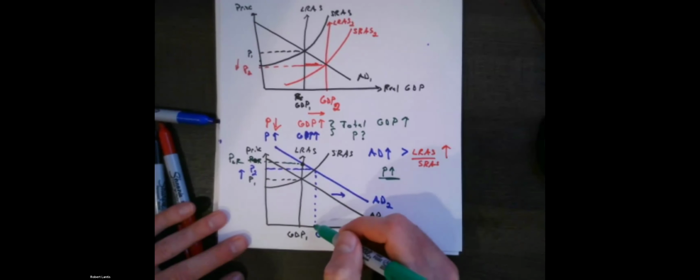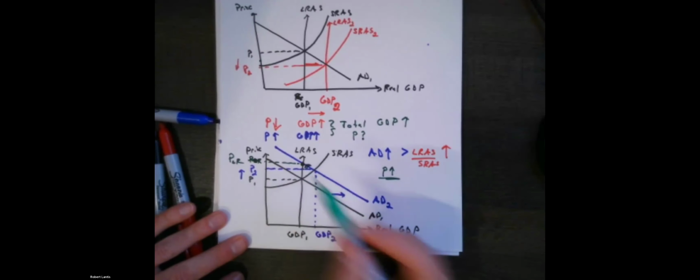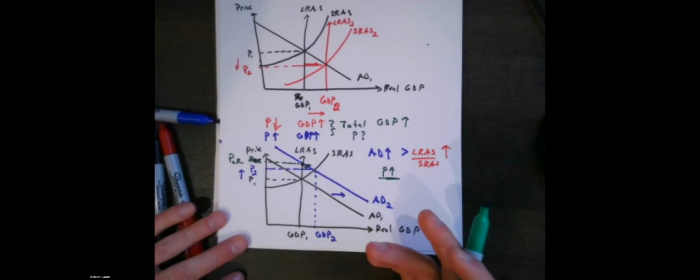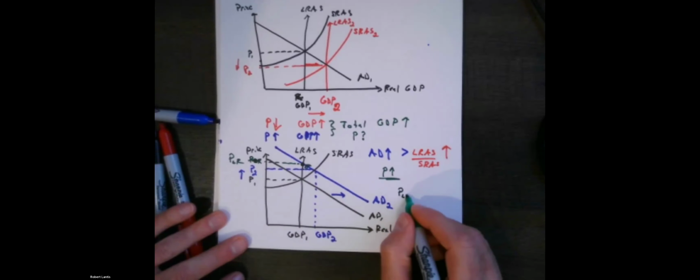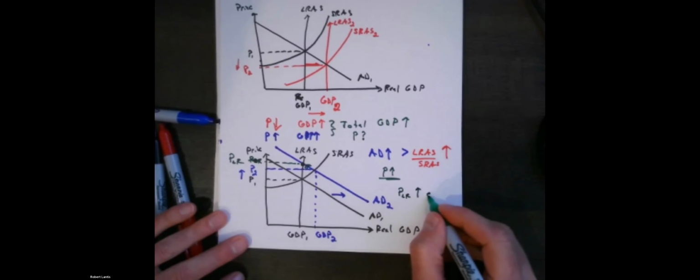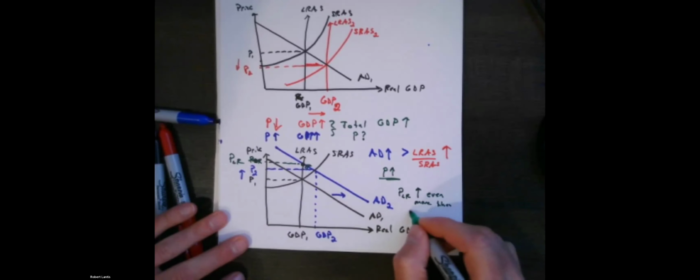Okay. So we know that initially, if the short run GDP is too high and prices are going to go up even more, we had an inflationary gap. We're not necessarily going to use that right now. But another thing I wanted to point out is that prices in the long run will increase even more from this combination than our prices increased in the short run.